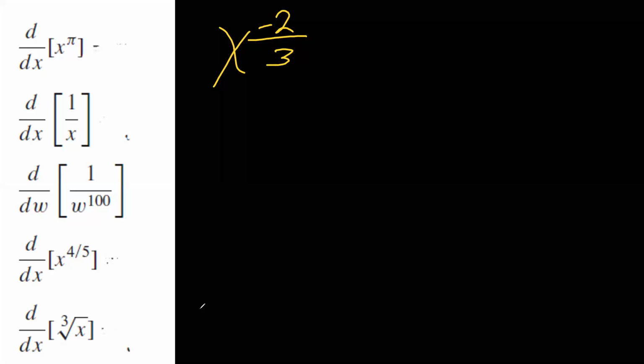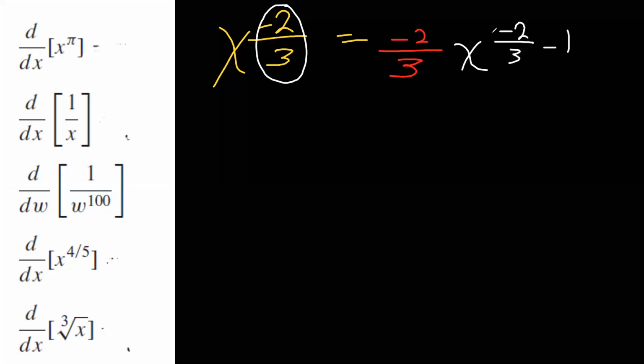For this one, it will be x to the power negative 2 over 3. So negative 2 over 3 x raised to the power negative 2 over 3 minus 1. Is it right? Yes. Here it has to be 3 over 3. So it will be negative 5 over 3.